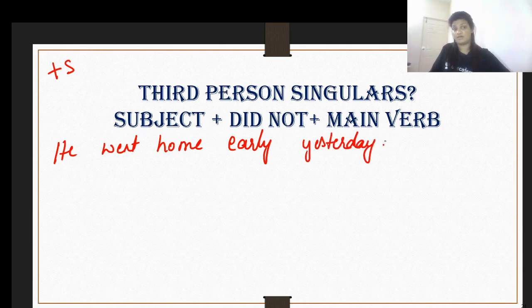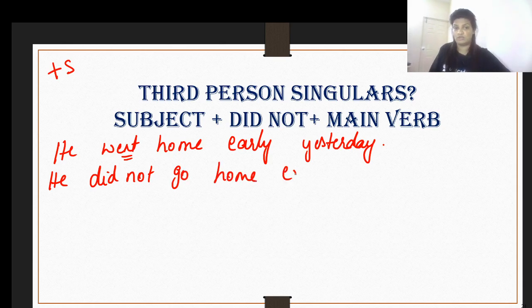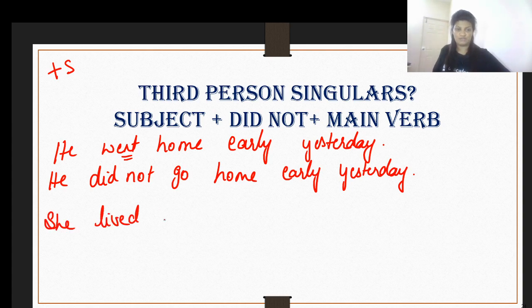And to convert that into negative, we will bring in did not. He did not, and went becomes go. He did not go home early yesterday.